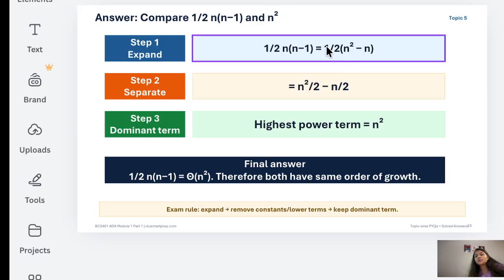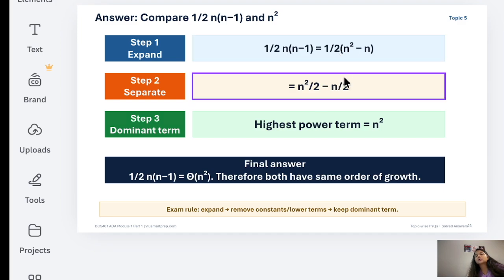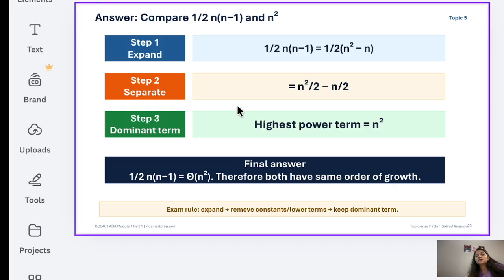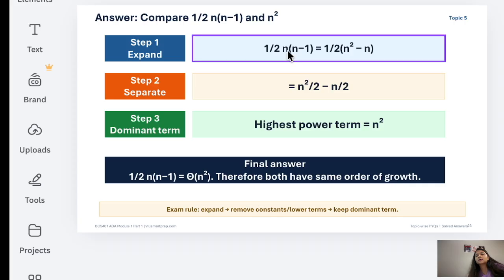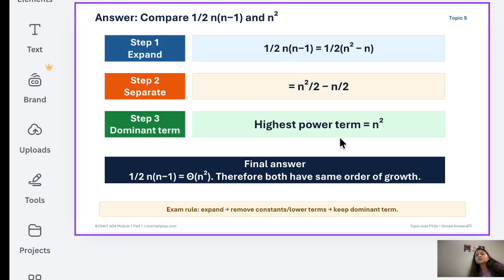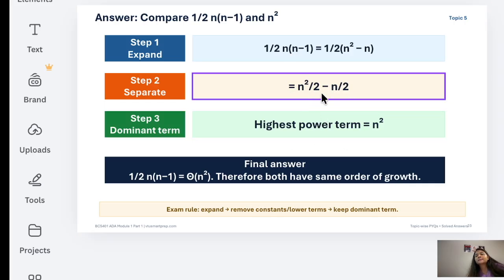Next, 1 into minus n is minus n, and this denominator is common, which is 2. Solve it in your notebook, you will easily understand what I am trying to say here. Now it is simplified completely, it is expanded.